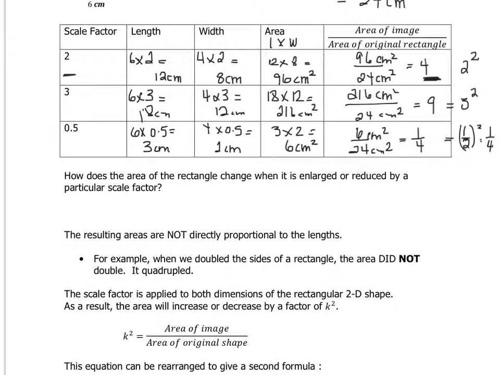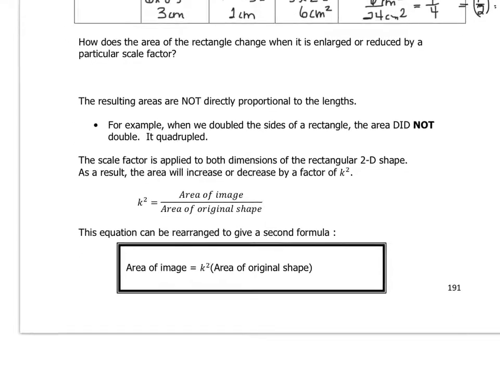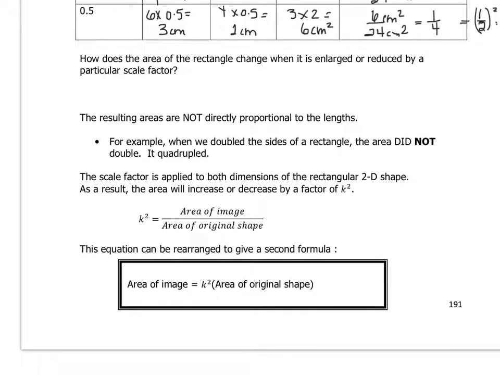So that leads us to this formula: k squared is area of image over area of original shape. And you can multiply both sides by the area of the original shape, to end up with this equation.